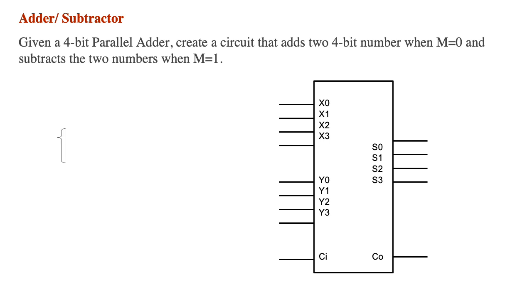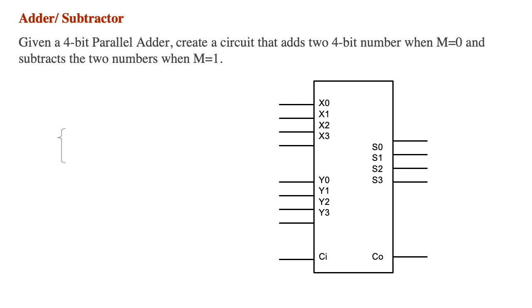So let's split the problem into more details. We know that we need a value for the carry in bit, right? And we said for addition or for any adder, the carry in bit is equal to 0. And the question also requires us to check the value of m.